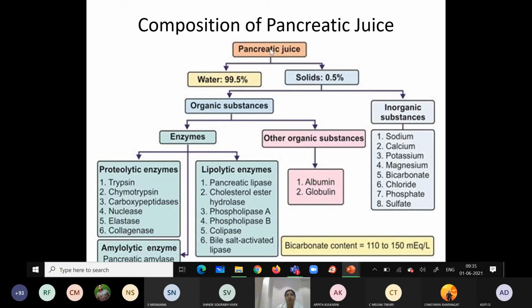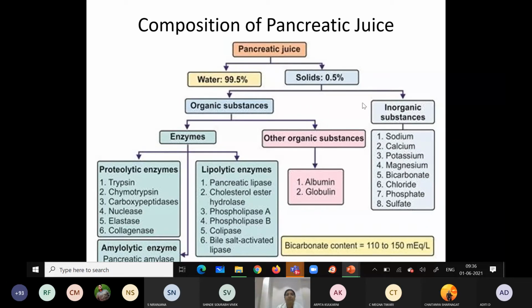Now you know every juice contains 99.5% water and solids are only 0.5%. Here 2% will be the enzymes. So we divide pancreatic juice further into an aqueous part and an enzymatic part. As I told you, the aqueous part is secreted from the columnar epithelium of the ductal cells, whereas the enzymatic part is secreted from the acinar cells.